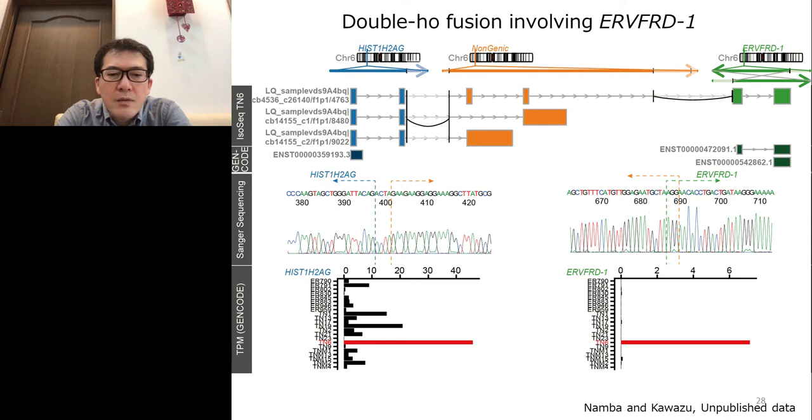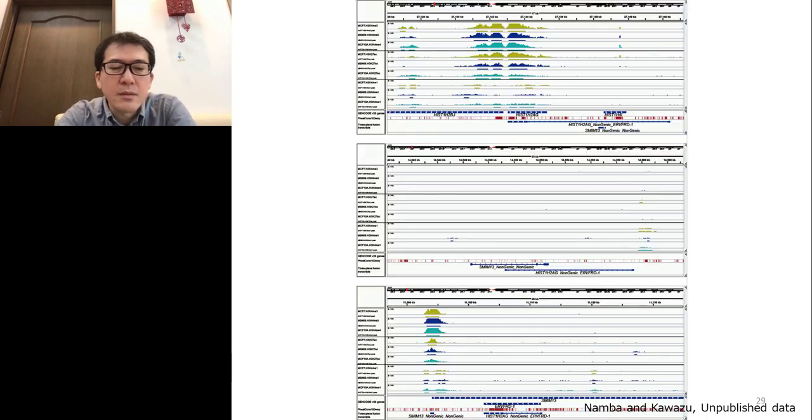It was reported that expression of ERVFD1 is generally suppressed across all the tissues except for placenta. Considering the chromatin modification status of the genomic locus, it is highly possible that the expression of this transcript is regulated by the cis regulatory element of histone 1H.